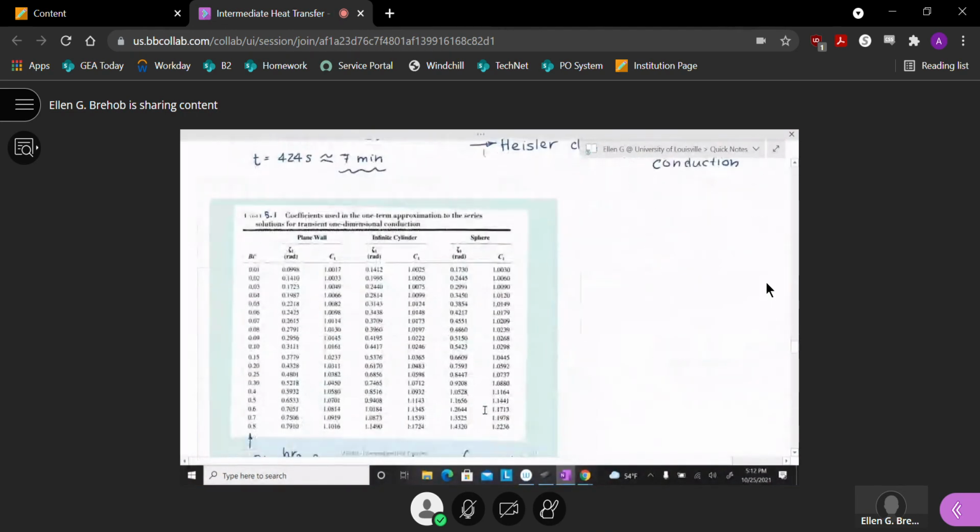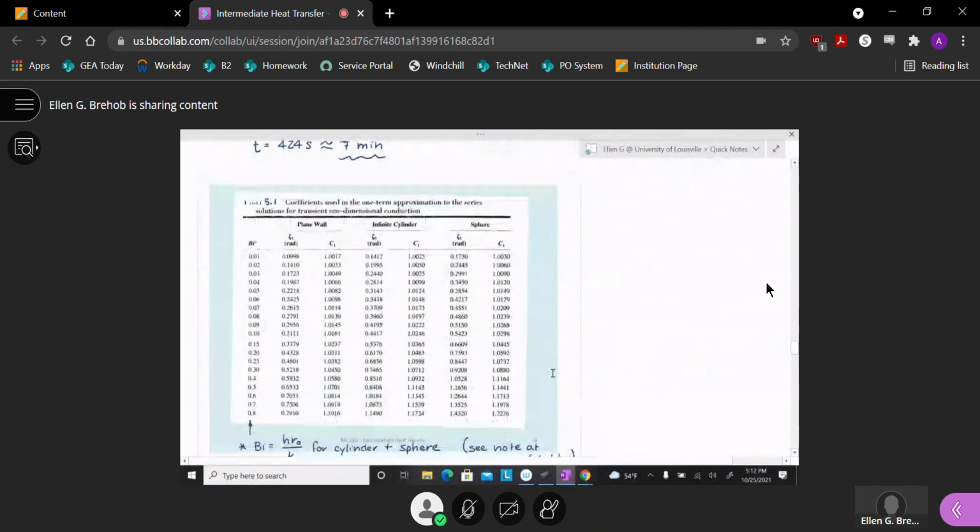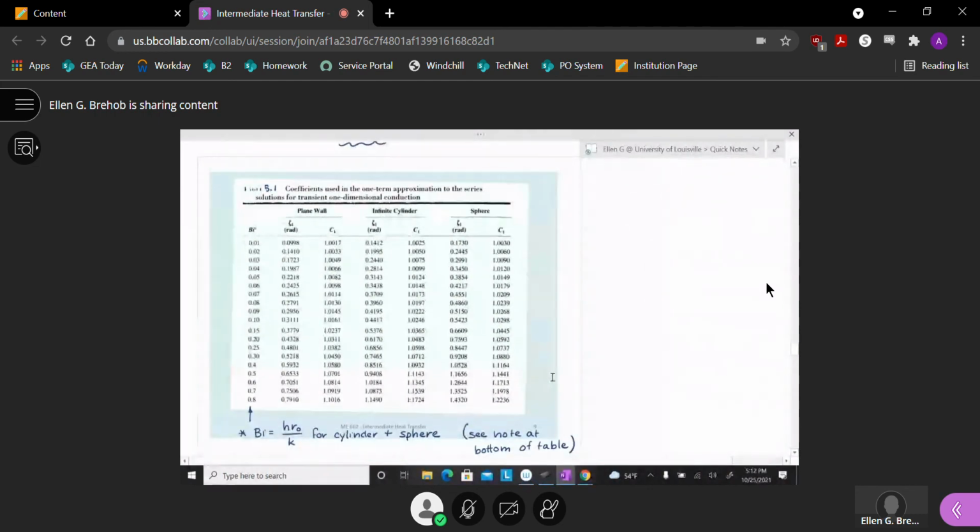All right, we talked about this chart just a minute ago. It's coefficients for the one term approximation. It has a plane wall geometry, infinite cylinder, which is the one we just did because we said we're neglecting end effects, and sphere. And it really goes farther down, so there are more Biot numbers. In fact, the bottom is a Biot number of infinity.